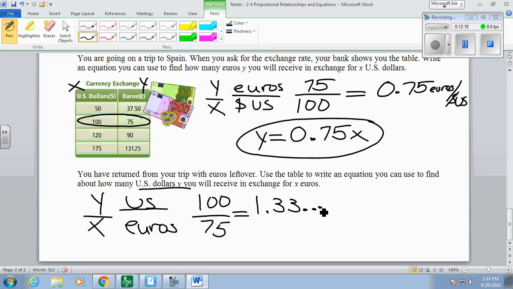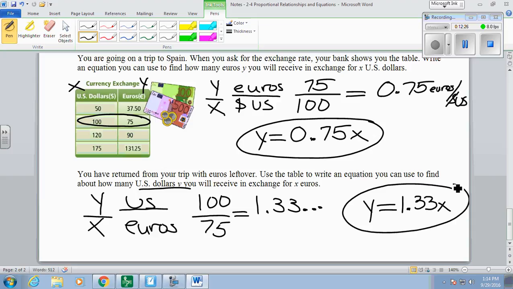So it's okay, since we're talking about money, to go to the nearest hundredths. When we write down our equation, it'll be 1 and 33 hundredths X. So we could just use this, that if, let's say, I had euros left over, since X is my euros, if I had 10 euros left over, I should be getting $13.30 US dollars.